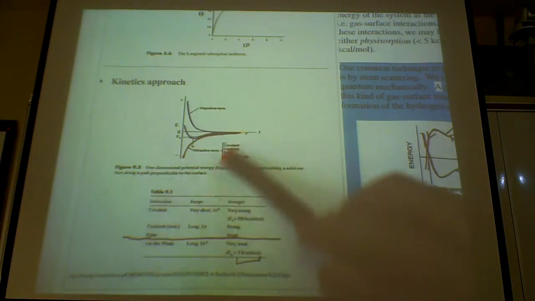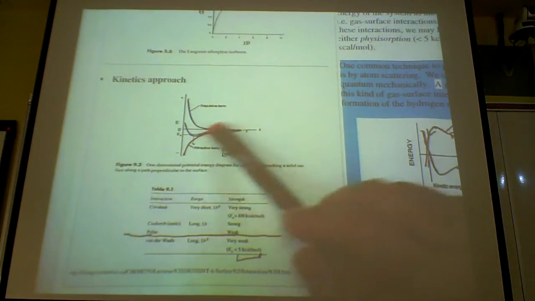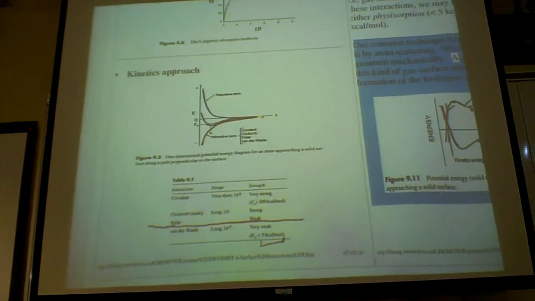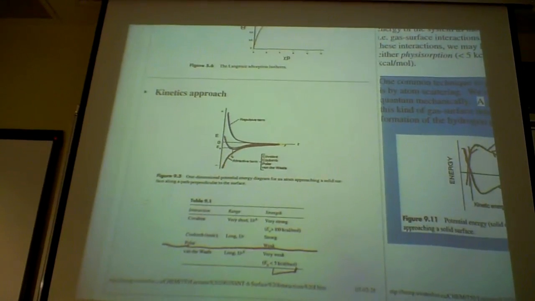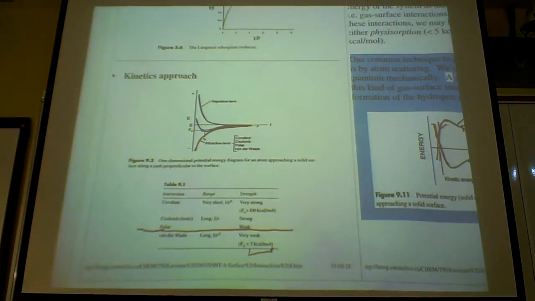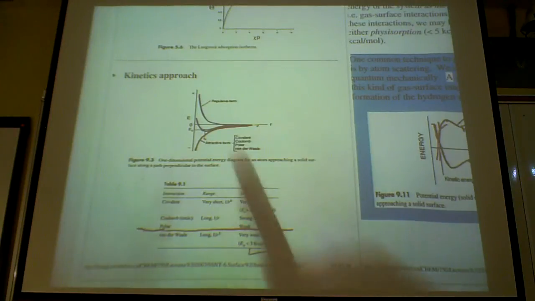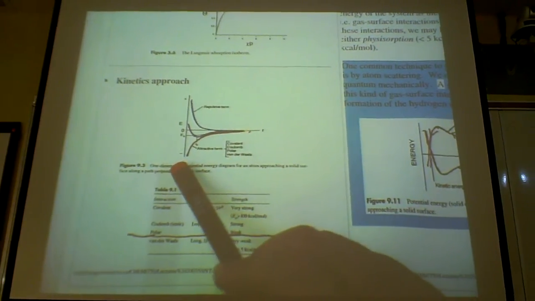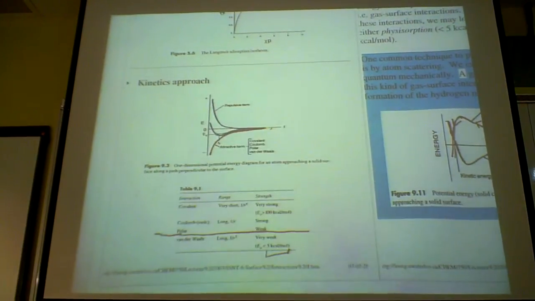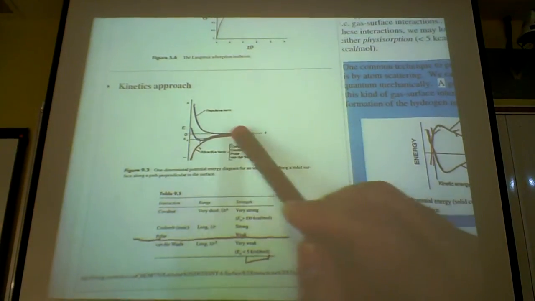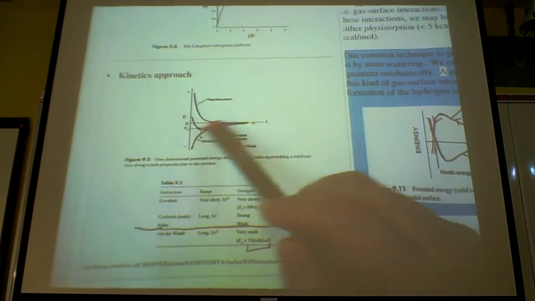Usually you would have some sort of attractive term, which will hold the particle towards the surface. And of course, as you approach the surface, there will be some repulsion term. So this red curve represents attraction, and the blue curve represents repulsion. So you would have some sort of potential well like this.